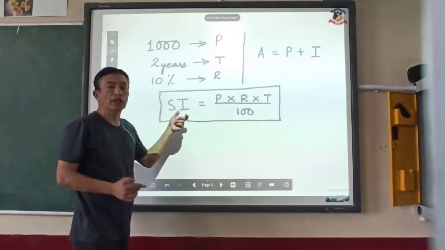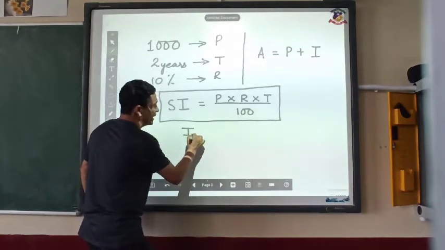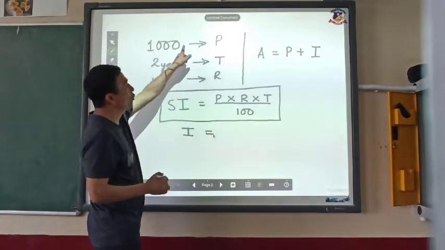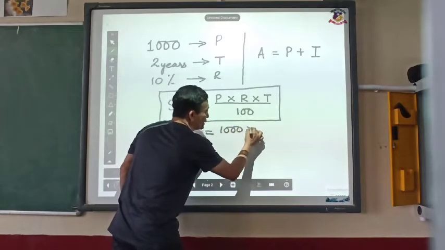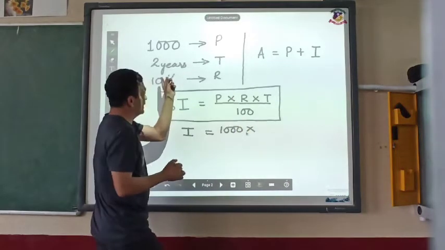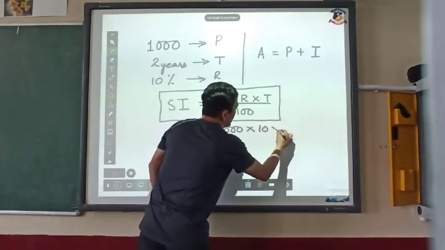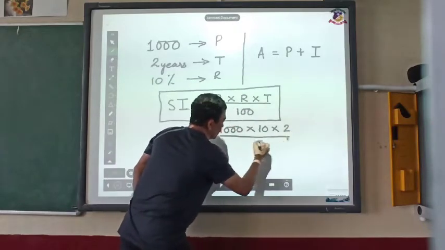Important for you to know the formula. So our simple interest, or we simply write it as interest I, will be equal to principal, according to the question, was 1,000 multiplied by rate, that is 10, multiplied by time, which is 2 years, divided by 100.